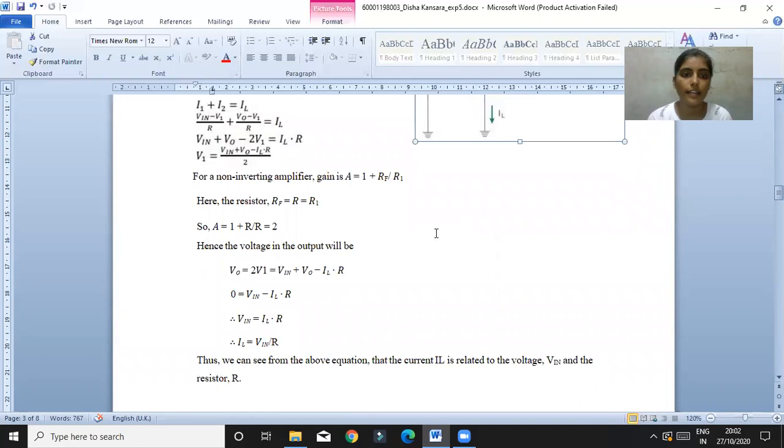So the output voltage equation is 2V1, where V1 is Vin plus Vo minus IL into R. So Vin is IL into R, and IL is equal to Vin by R in the ground load V2I converter.